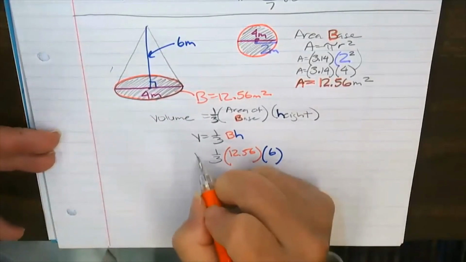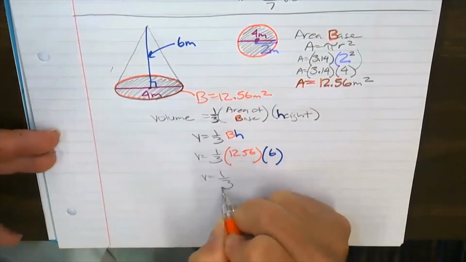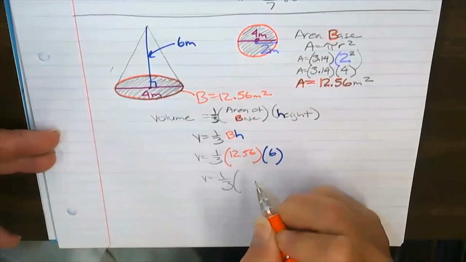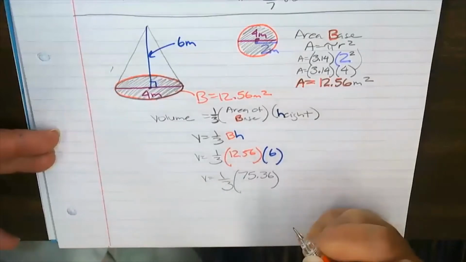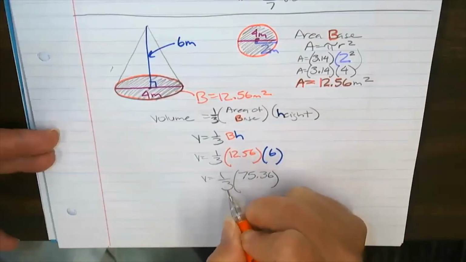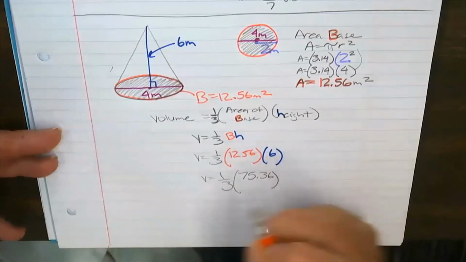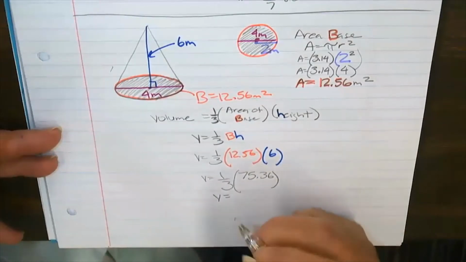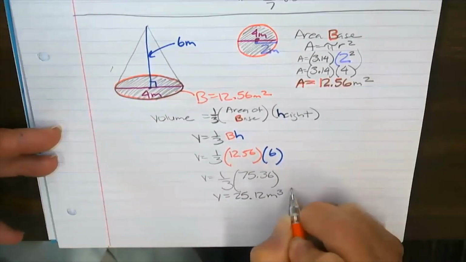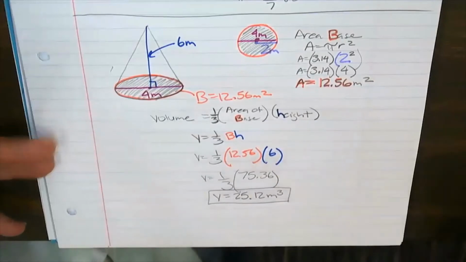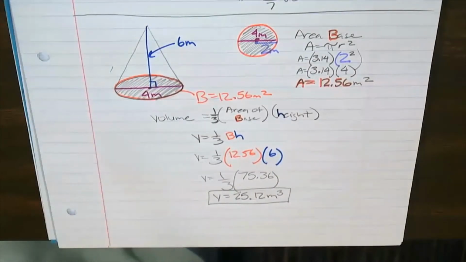So I'm going to use my handy dandy calculator. 12.56 times 6 is 75.36. And now I'm going to divide that by 3, multiply it by 1/3, or divide it by 3. And I can see that my volume is equal to 25.12 meters cubed. So this is very, very similar to volume of a pyramid, except our base is a circle.